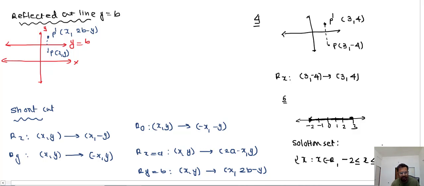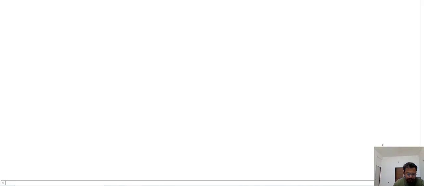Now my next question, the seventh one. So simple, it is the topic of AP. The first 3 terms of an AP are given to you: 3, 10 and 17. You want to find the next 2 terms of the AP. So simple, here your a is 3 and d is already given. d is equal to 10 minus 3, so it is 7.